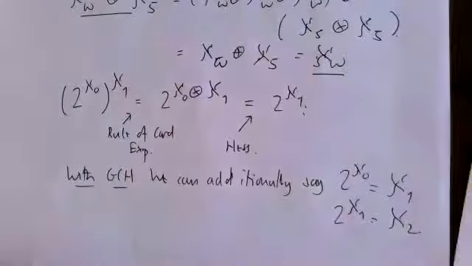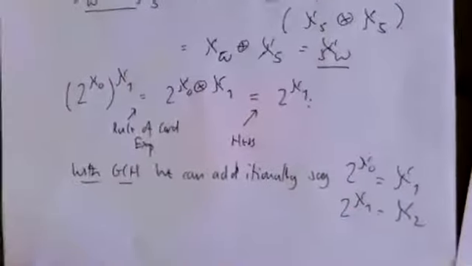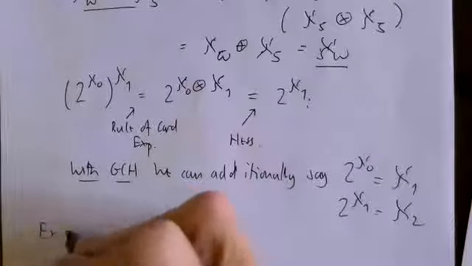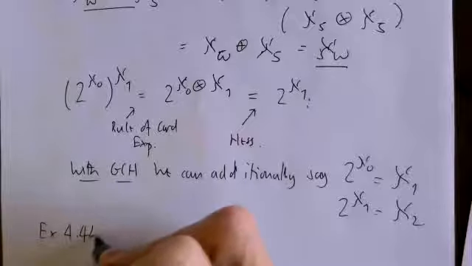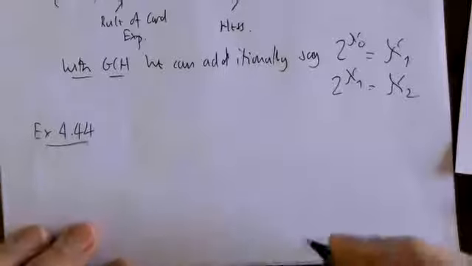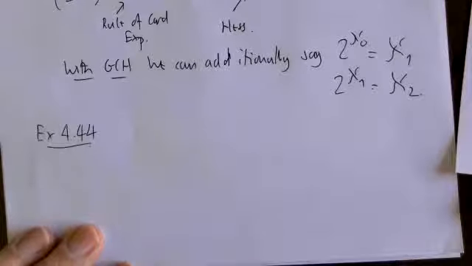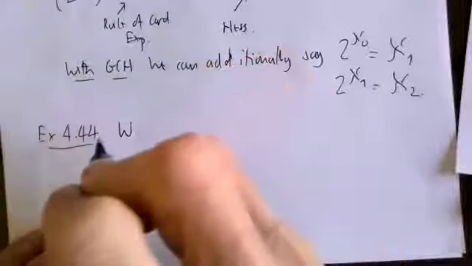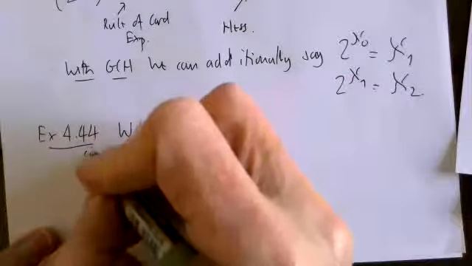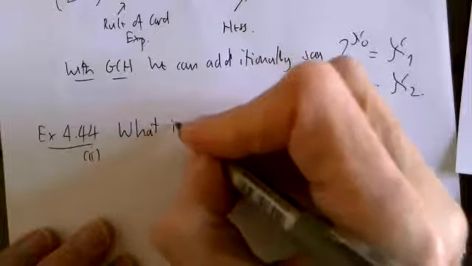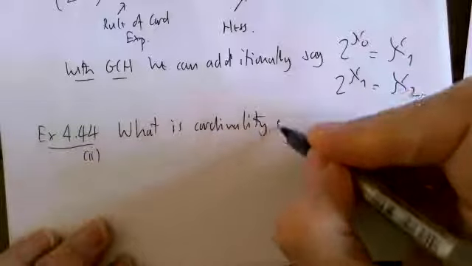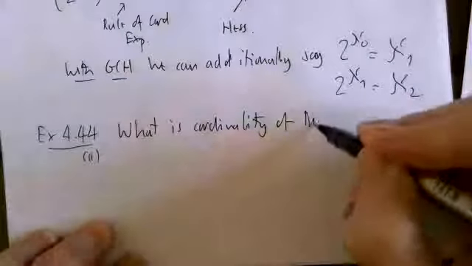So again, here is a variant on something else from a past exam paper at some point. Look at 444, Part 2. What's the cardinality of the Hilbert cube?